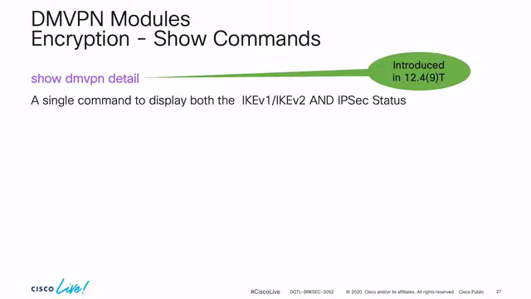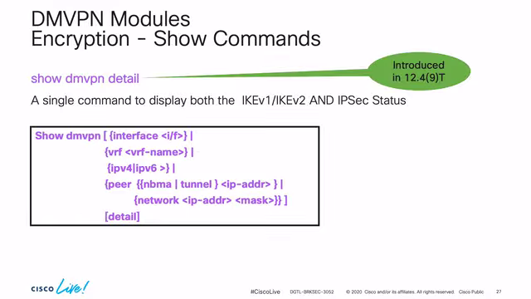We do have different options within show DMVPN detail which can be used. You can see this output based off a peer IP address, a network IP address, or an NBMA or tunnel IP address basically.